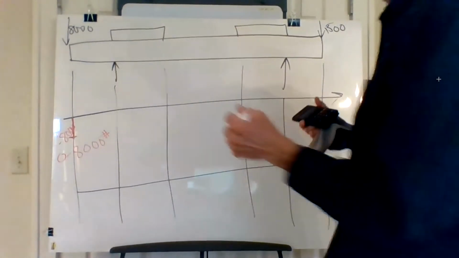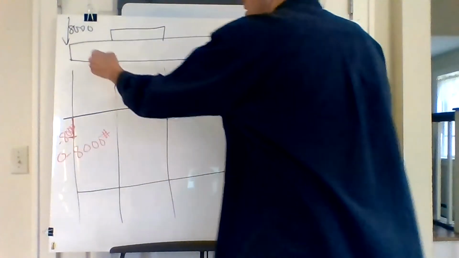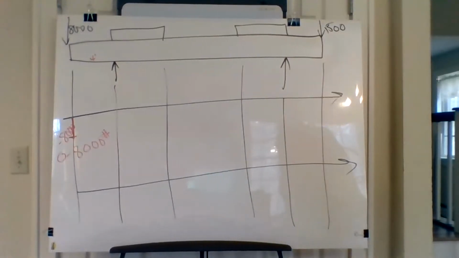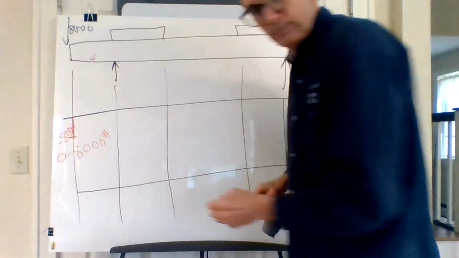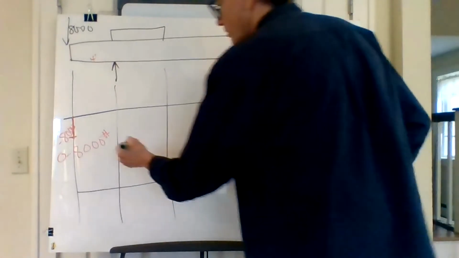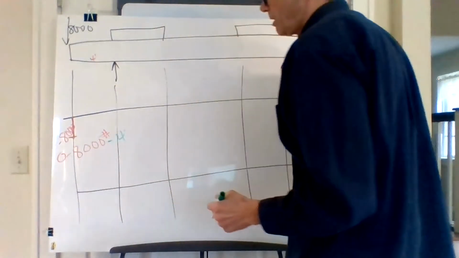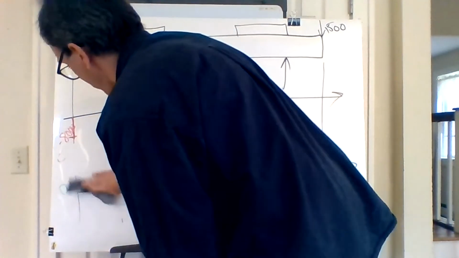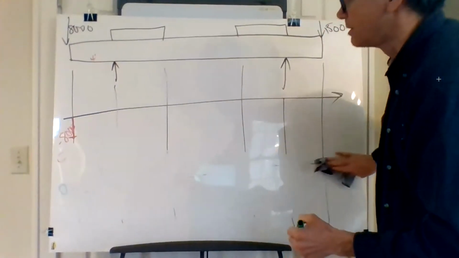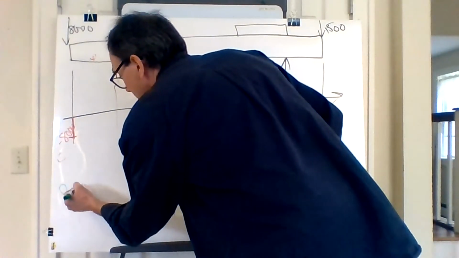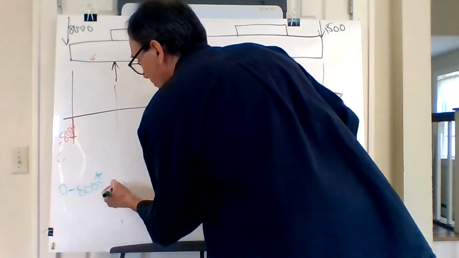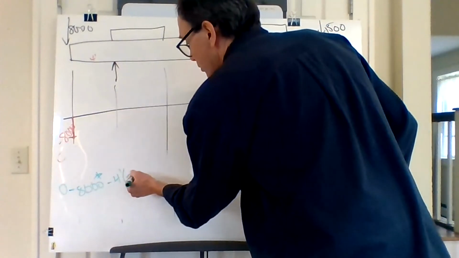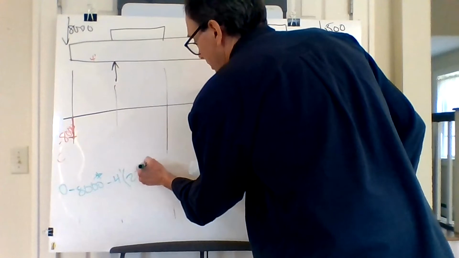The next is 4 feet. Actually, I should do this down here. I'm not going to do the moment curve, so I'll do it right here. Sorry about this. So 0 minus 8,000, minus, in parentheses, 4 feet times 220 pounds per foot.